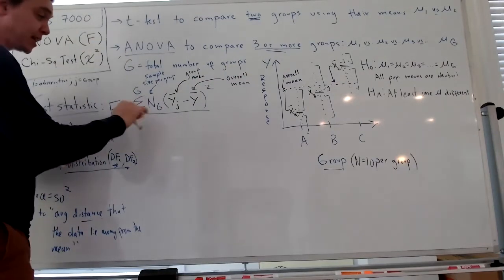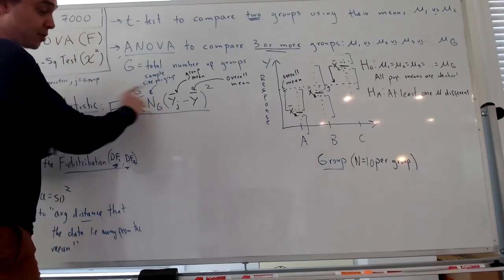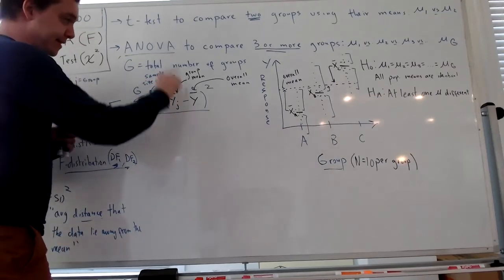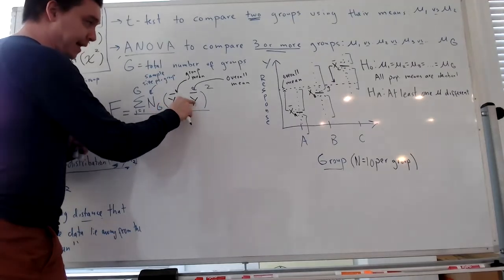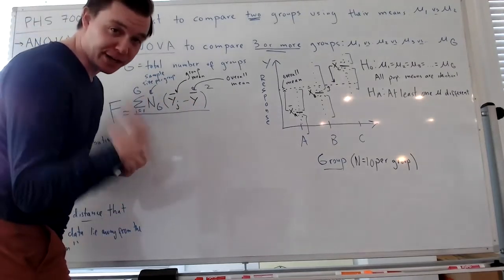So the numerator is the sum across all the groups, sample size per group, times the distance between the group mean and the overall mean. And I said it's a ratio of ratios.